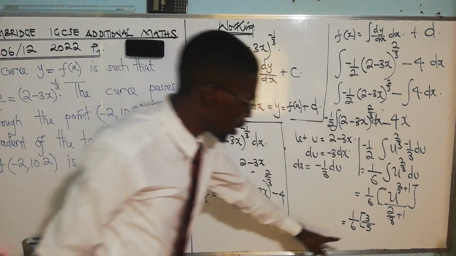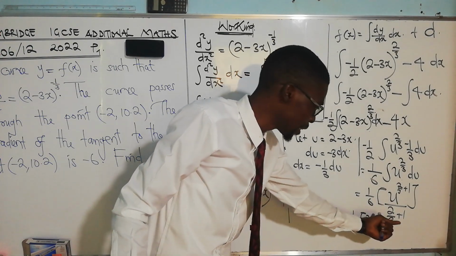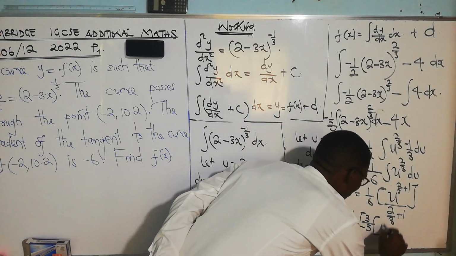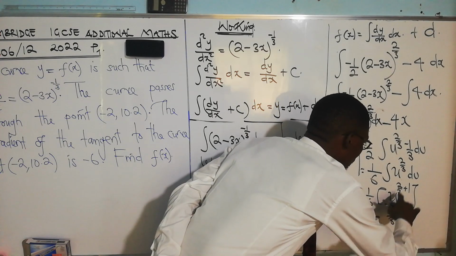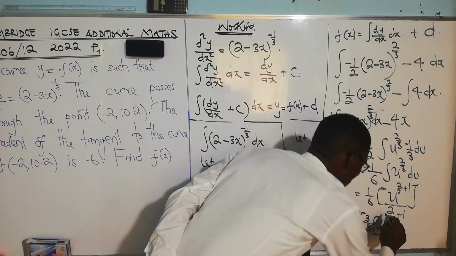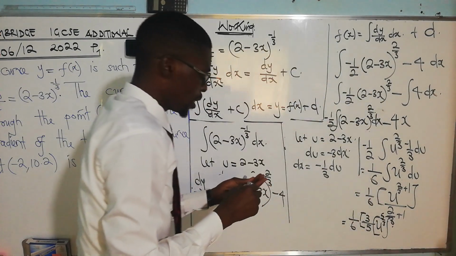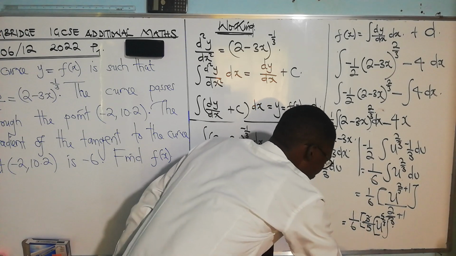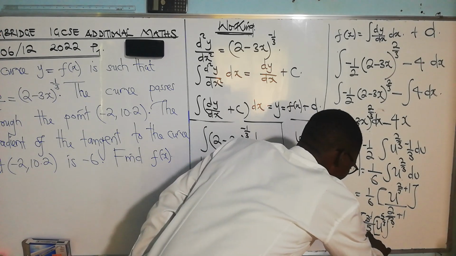That's what we are going to have. So I'm multiplying it by the reciprocal instead of just leaving it as the denominator there. Then even this one would be u to the power 5/3. So that will be the integral. Now you know that 3 into 6 is 2 and there 1, so this will be 2 times 5, which is 10.